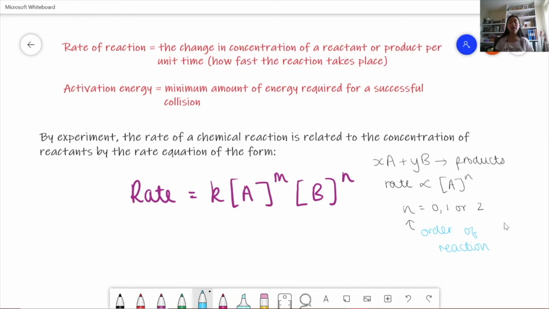And depending on this order, all the graphs, the relationship between the rate and this concentration will be different.